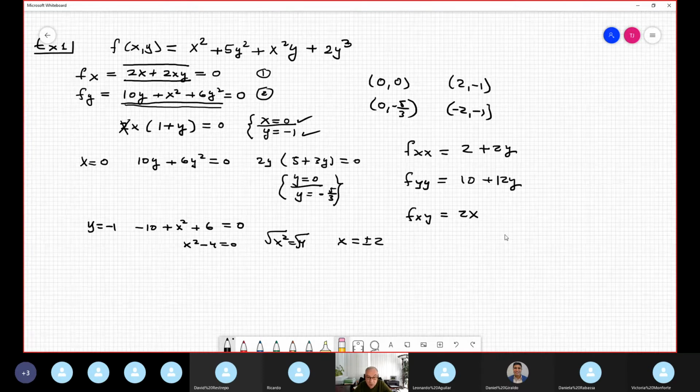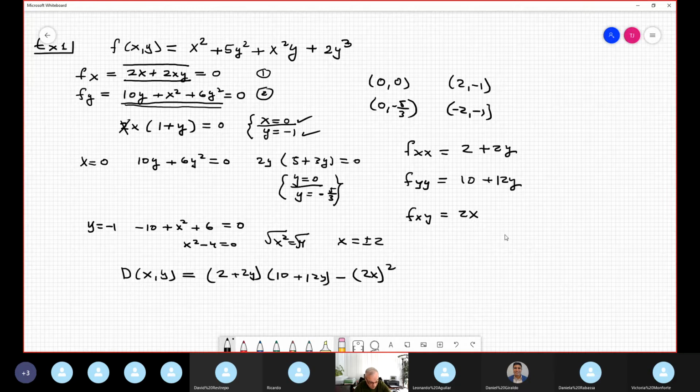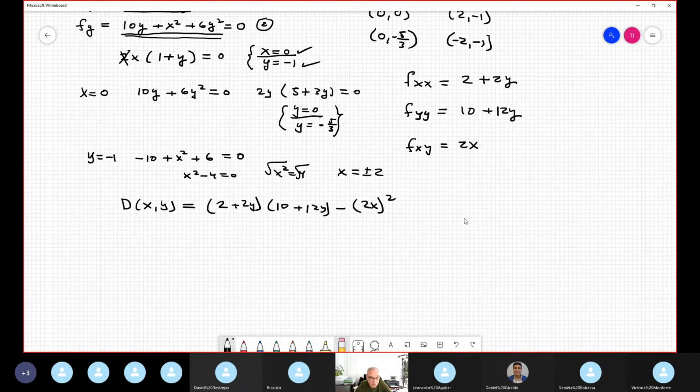Okay, entonces if you want to compute the discriminant capital D(x, y), it is the multiplication of (2 plus 2y) times (10 plus 12y), minus this guy squared, (2x) squared. Okay, the rest is algebra. You FOIL, you try to combine later.